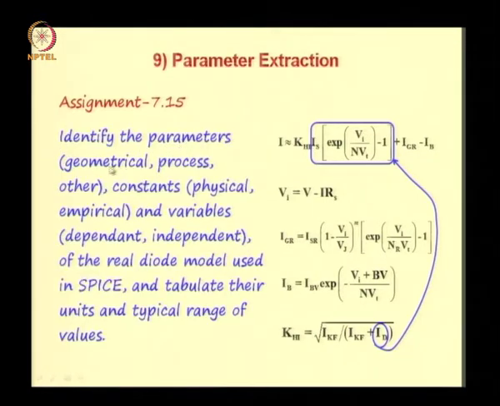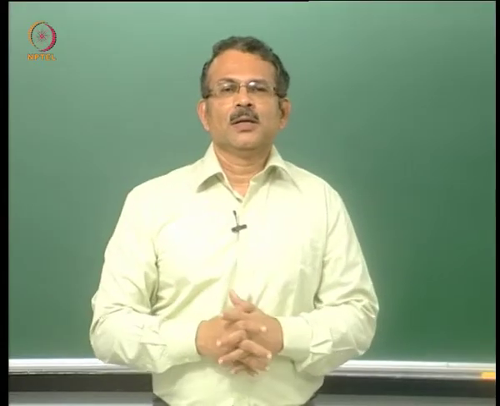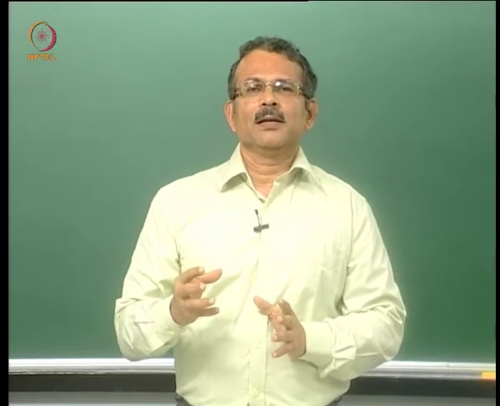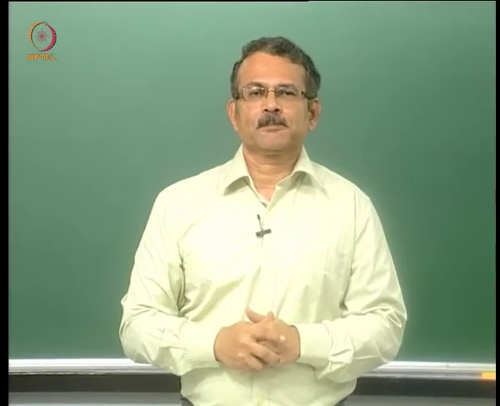Identify the parameters, namely the geometrical, process and other parameters, constants physical and empirical, and variables dependent and independent of the real diode model used in SPICE, that is the one that is shown here, and tabulate their units and typical range of values. So, you may have to do some search to tabulate the typical range of values of the parameters.